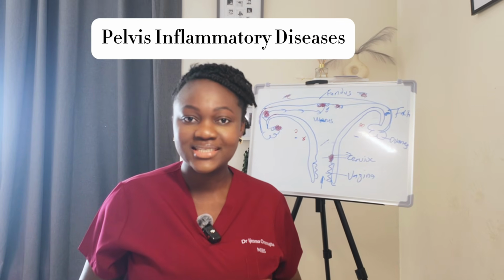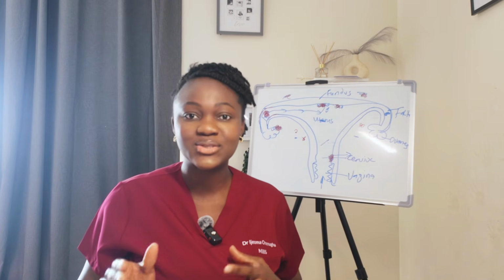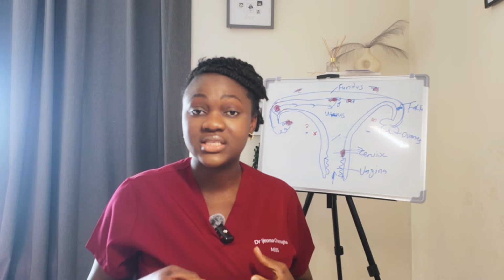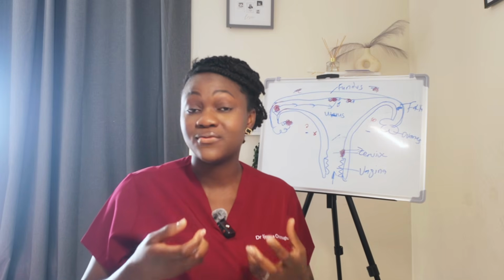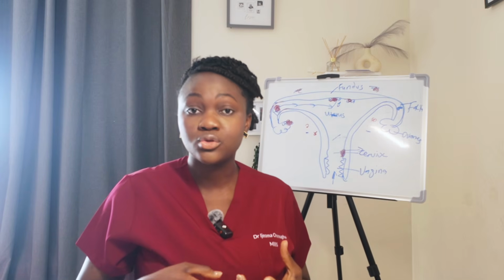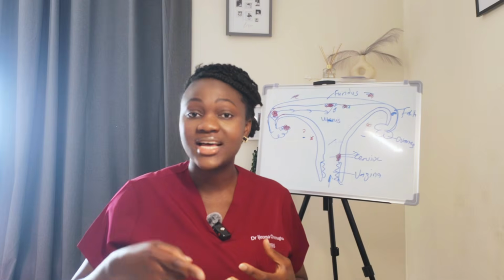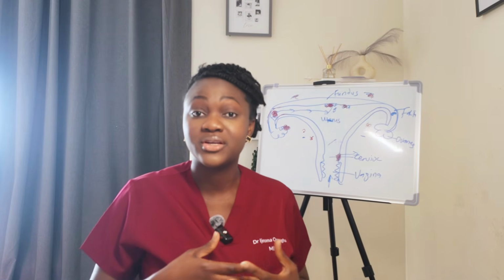Pelvic inflammatory disease. So this is the one we call STIs or STDs. Pelvic inflammatory disease is usually a sexually transmitted infection that has caused an inflammation or injury to the pelvic tract of either the male or the female, but in this case we're talking about the female.